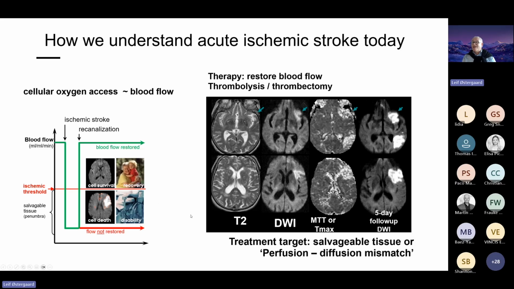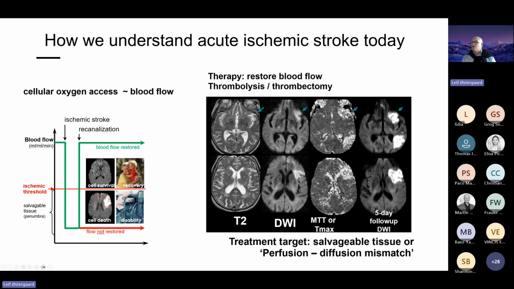So for that, we talk of a treatment target. What we can see on the image tells us that here's a patient where we can salvage tissue. And this is where we have historically used the perfusion-diffusion mismatch, and some still use it. That is the difference between tissue that has died, as you can see on this DWI image already, and then the perfusion.